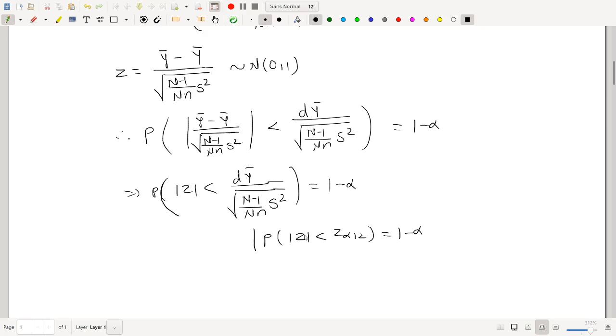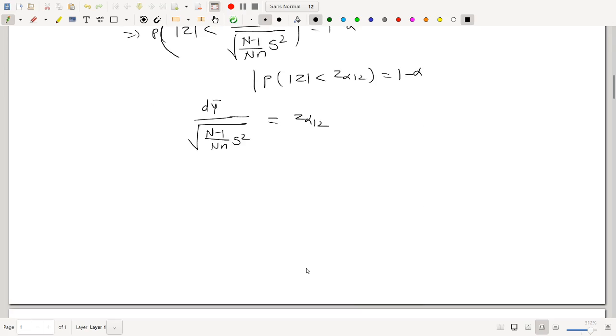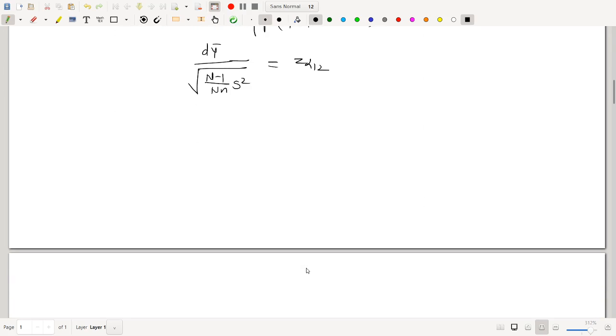So compare these two equations, then we get d Y bar upon root of n minus 1 upon n S square is equal to z alpha by 2. So we have to solve this for small n.